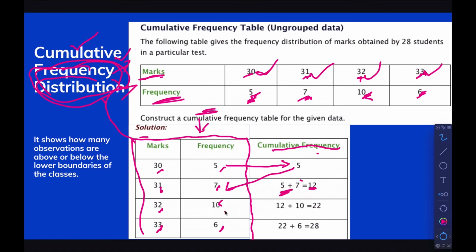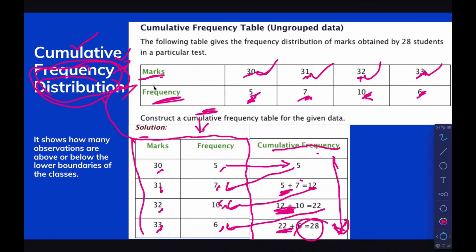The next one is this 12 plus the frequency over there, which is 12 plus 10, giving 22. The next one will be this 22 plus the 6, which gives the final total of 28. So that's cumulative frequency: you keep on adding cumulatively as you progress until you get your total frequency.